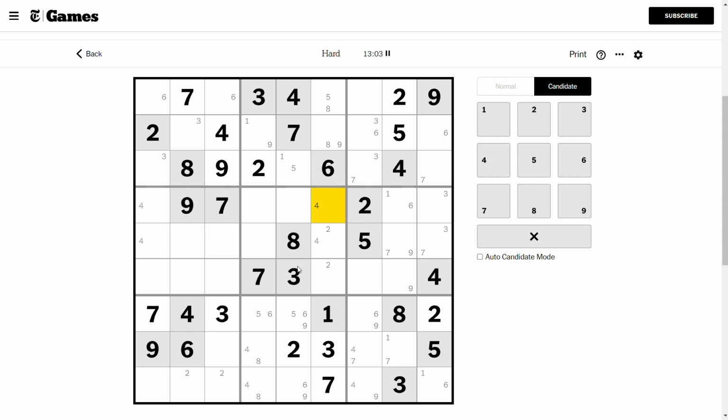Oh, in row 4, these 3 cells see 3 and 8. And this cell also sees 3 and 8. So in row 4, there are only 2 open cells that are both available for 3 and 8.